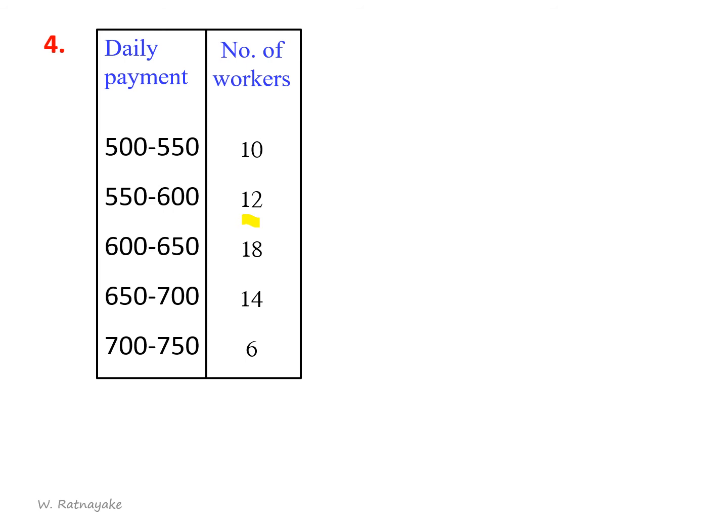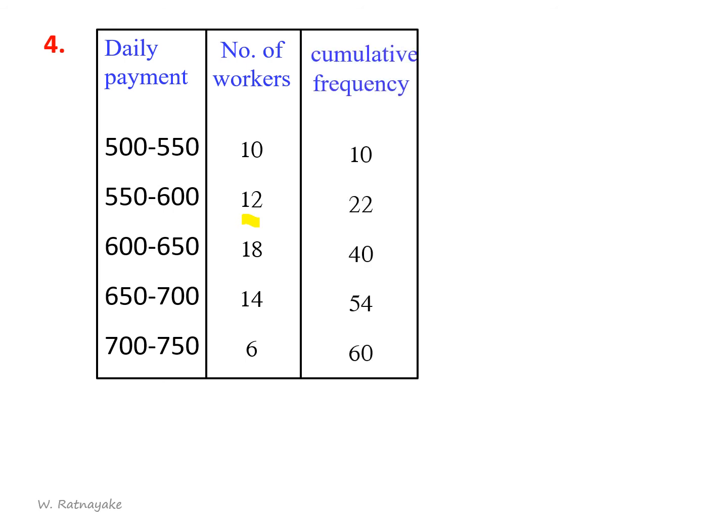This is very important to understand the difference between the frequency and the cumulative frequency. Cumulative frequency is like this. Here 10, in this class interval, we can interpret one thing. We said that this 10 is the number of workers who get a daily payment within this range, but in the cumulative column this 10 indicates the number of workers who get a daily payment less than or equal to 550.